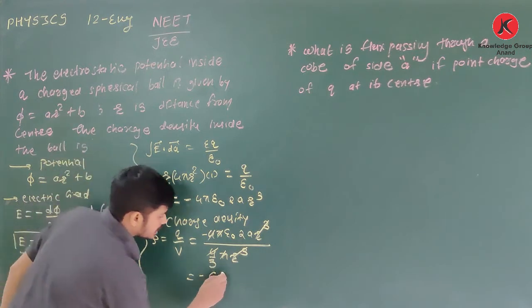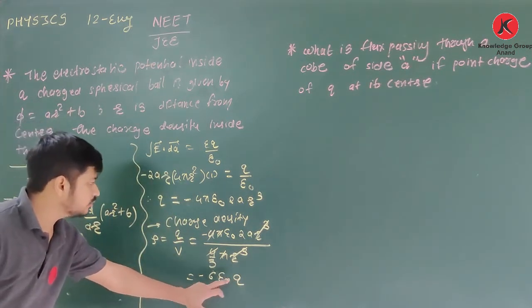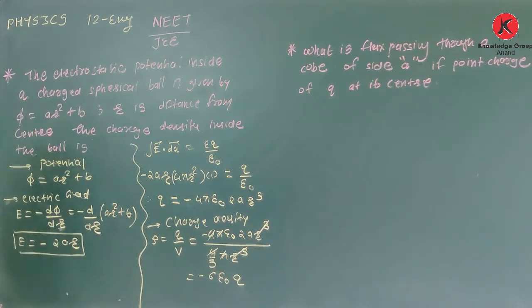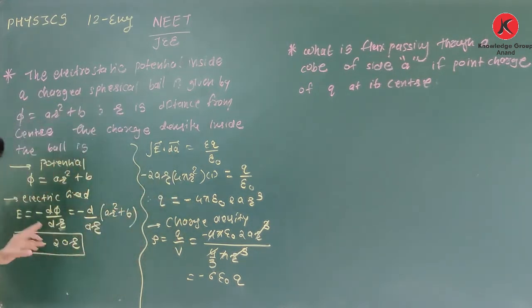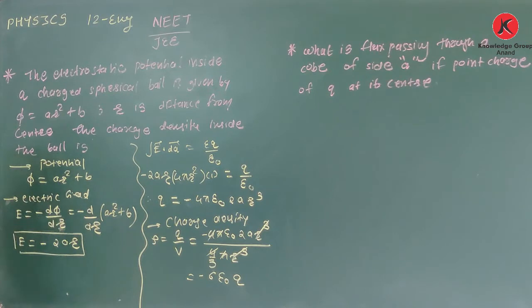So it is minus 6 epsilon 0 a. Clear about this? This question is based on two concepts: for the first chapter, Gauss law, and for chapter number 2, the relation between electric field and electric potential. So it is one question based on that.